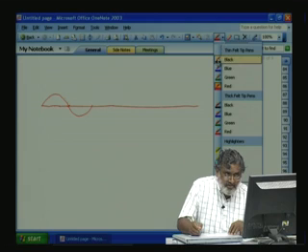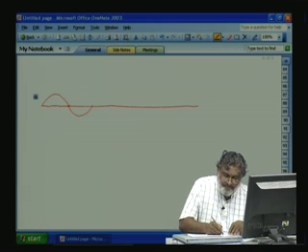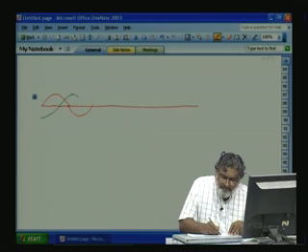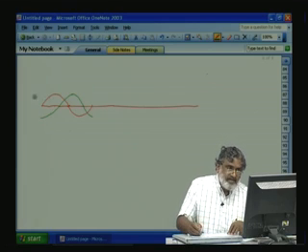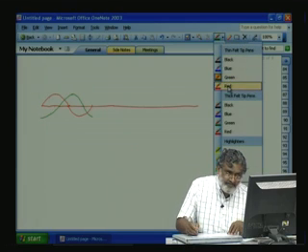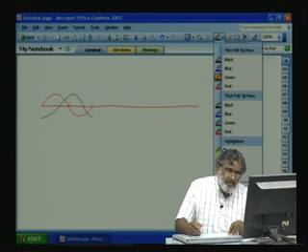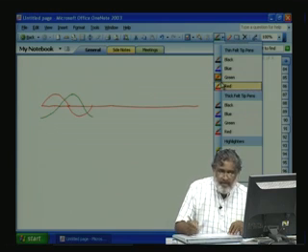So let us go with a different color. This is the B phase. Then C phase. The amplitude of the ABC phases, even though they are 120 degrees apart, is the same. That depends on the variable speed operation, or what fundamental we require.